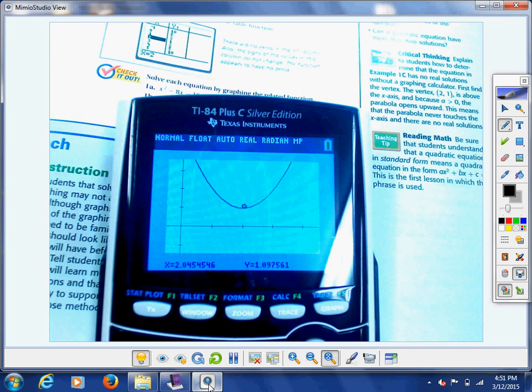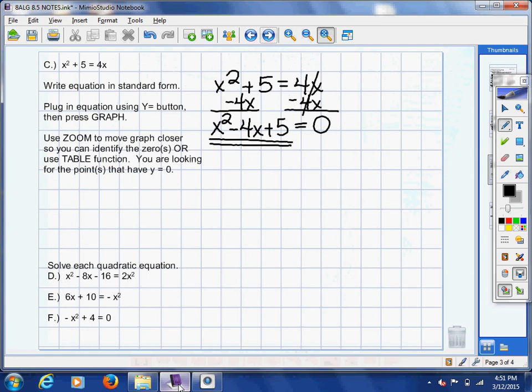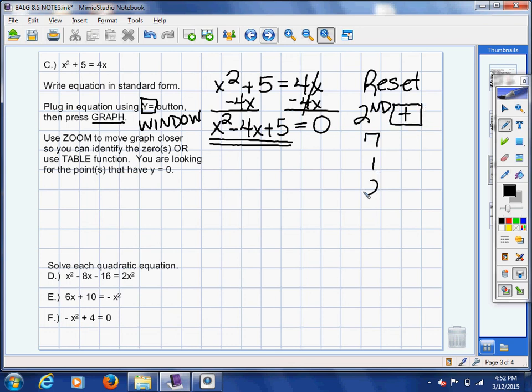So anyway, let me flip back to our notes, and I gave you some information. Plug in the equation using the y equals button, okay, and then press the graph button. We had talked about adjusting the window, okay, and doing factory setting. If you want to do any type of reset, then you're going to hit second plus the plus sign, and then press 7, 1, 2, and that'll do a factory reset.